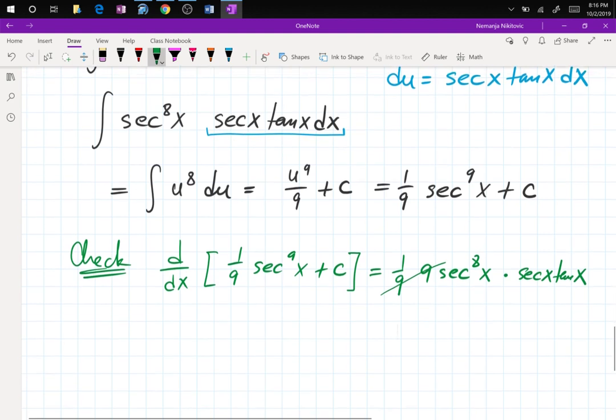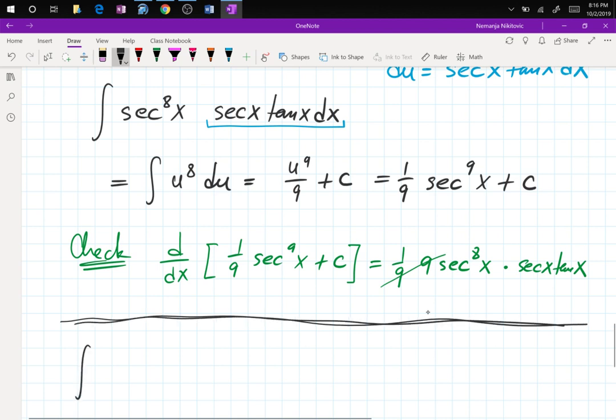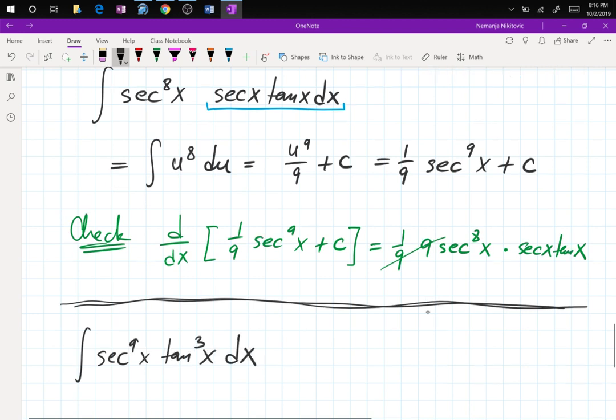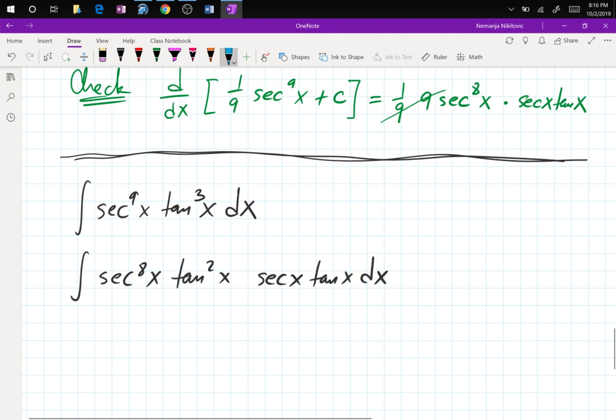So now I'm going to bring that 3 back into the mix. That's going to make the problem look worse, but actually it's pretty much the same problem. So if I have secant to the 9x tangent cubed x dx, you still say, oh, I have a secant and a tangent that I can peel off, which leaves me with secant to the 8x tangent squared x, and here is my secant x tangent x dx, which I'm going to leave in a bank for du.